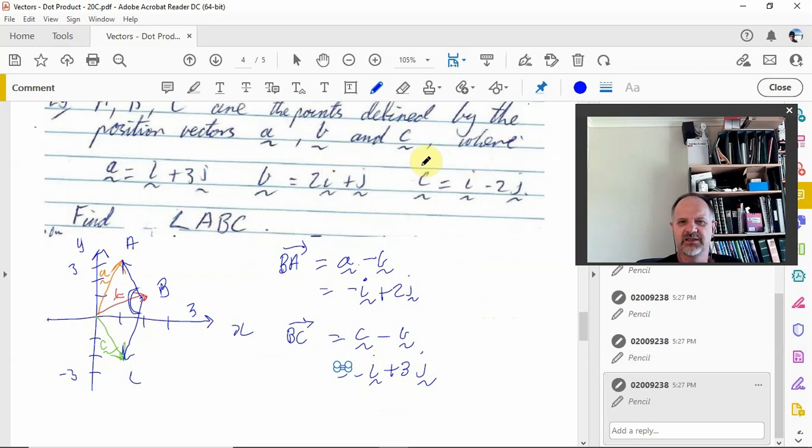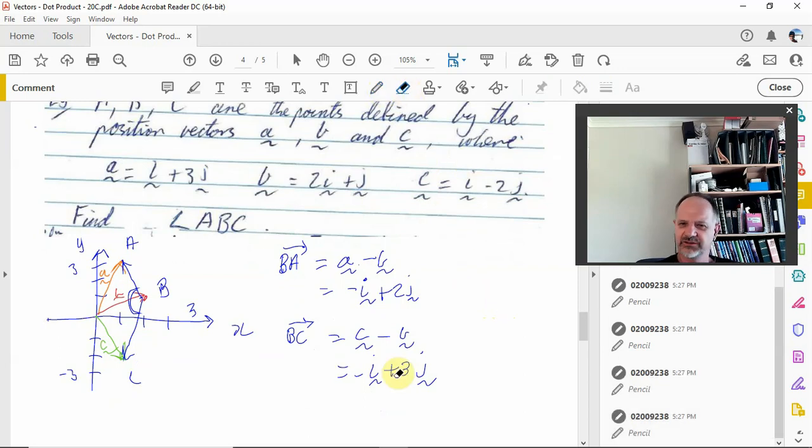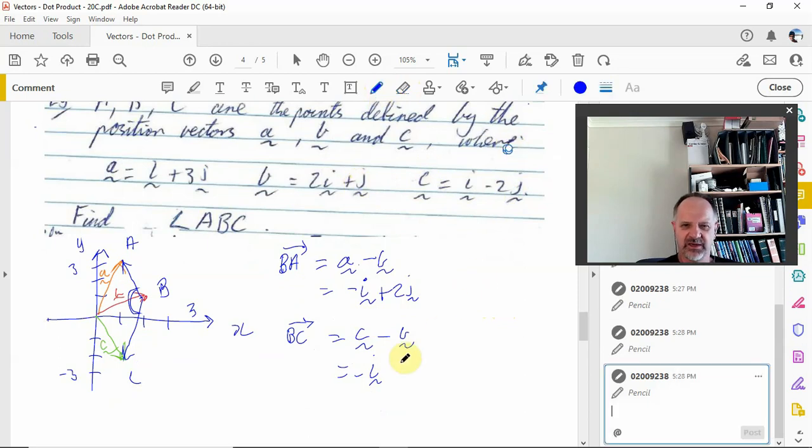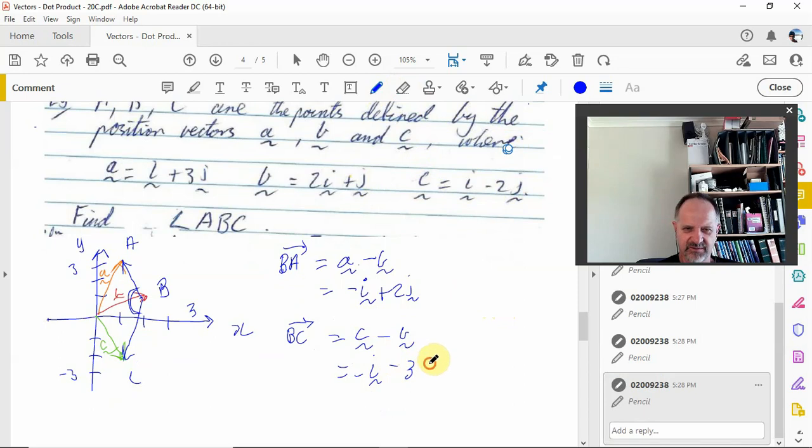I've subtracted C, I haven't subtracted B. Rookie mistake. C minus B, so it's 1 minus 2, negative i, and minus 2, minus another 1 is minus 3, isn't it? It's minus 3j. All right, that's better.